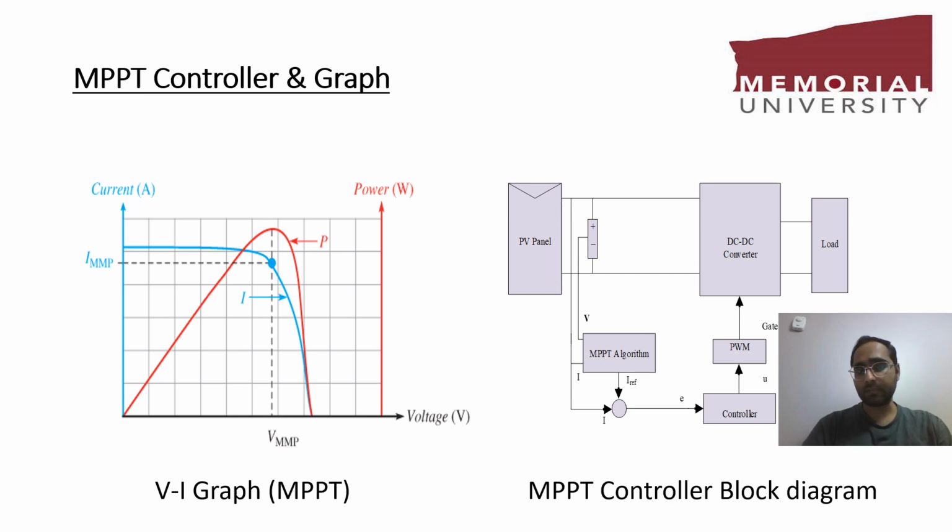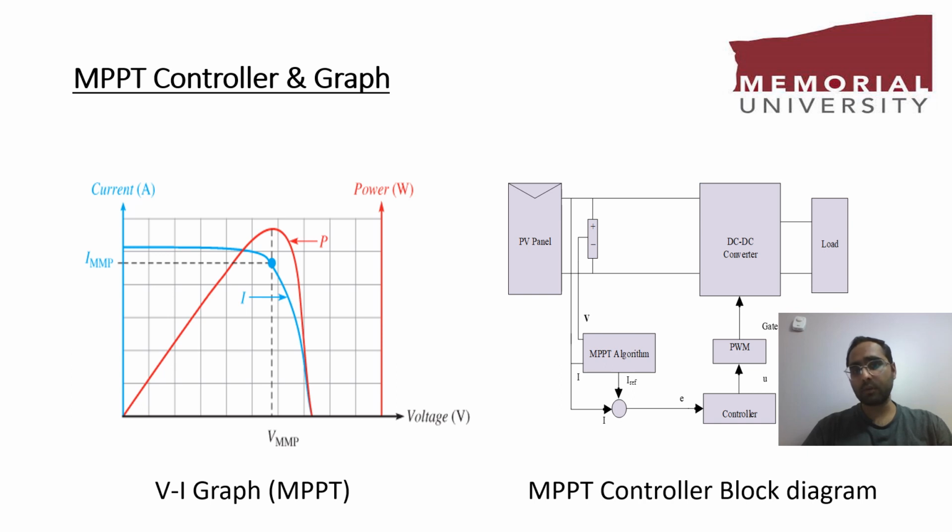That's why it is very important to track that specific point and ensure that the PV cells are operating exactly at that point. So we need to deploy an effective and intelligent DC to DC converter, which can use the P&O algorithm and ensure that the output power is maximum.